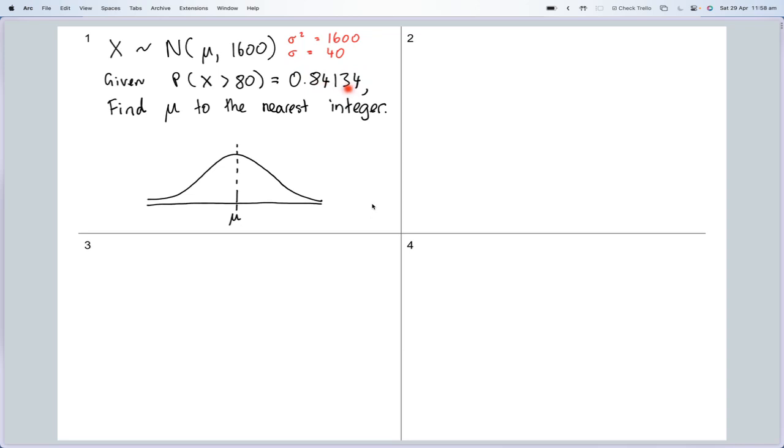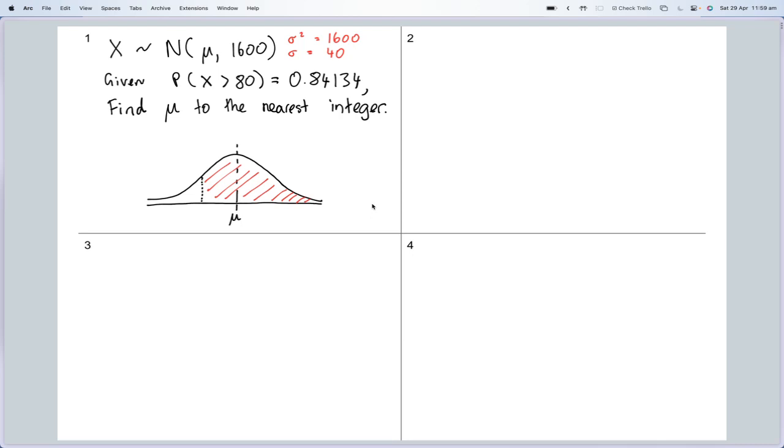In other words, about 84%. That's a lot of the area. So because x is greater than 80 gives us about 84% of the area, I'll have to look at the area above that line as being 84%.